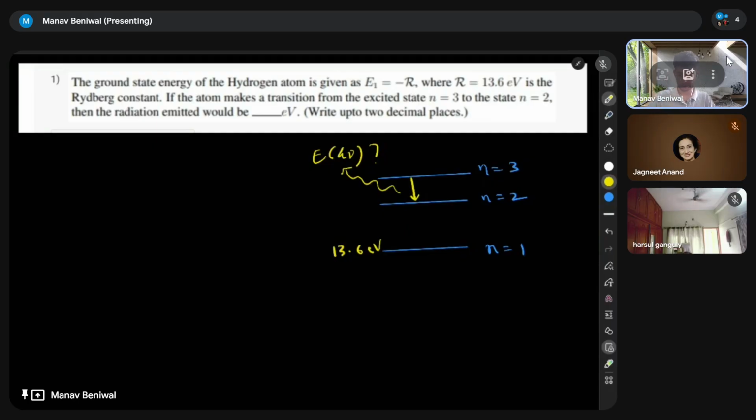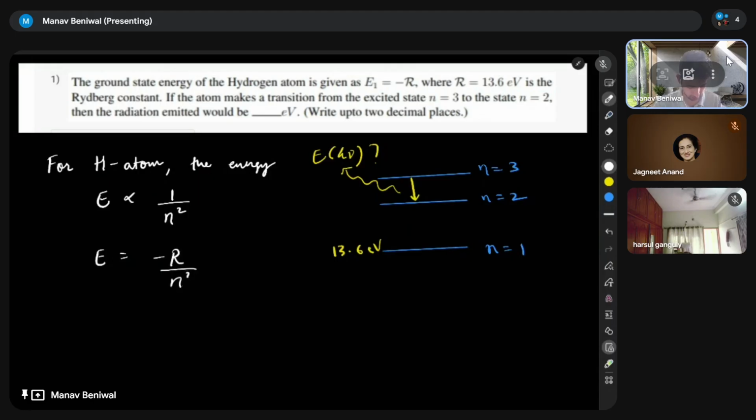So we know that for the hydrogen atom, the energy dependence is 1 by n square, and the constant of proportionality is minus R, so that for n equals 1 we get E equals minus R, which is also given here.